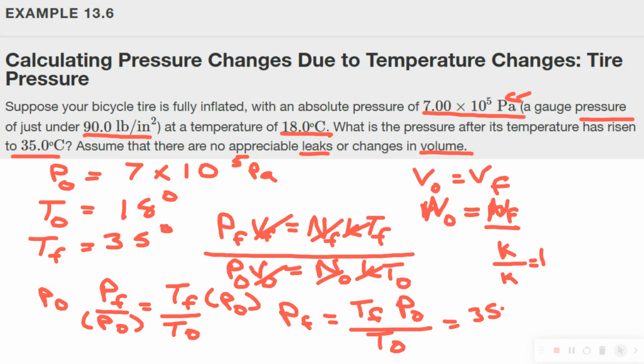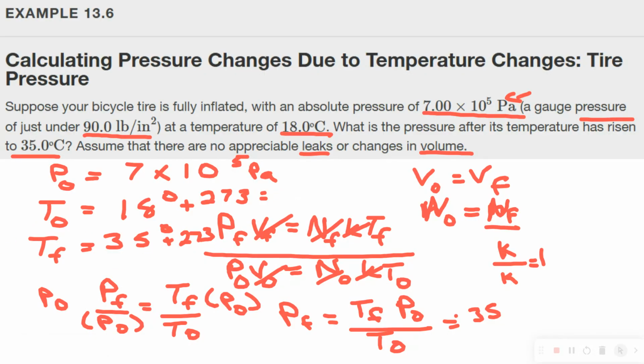And then the other thing that we've got to do is convert these temperatures to Kelvin. So remember, we have to convert these to Kelvin, and you add 273 to it.